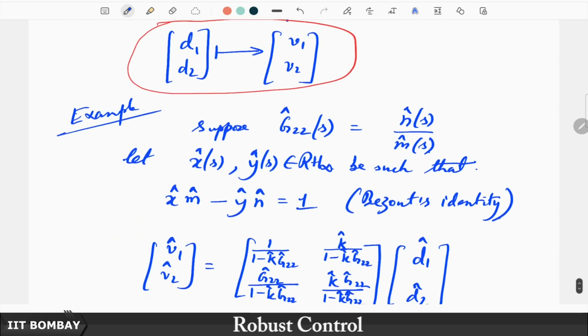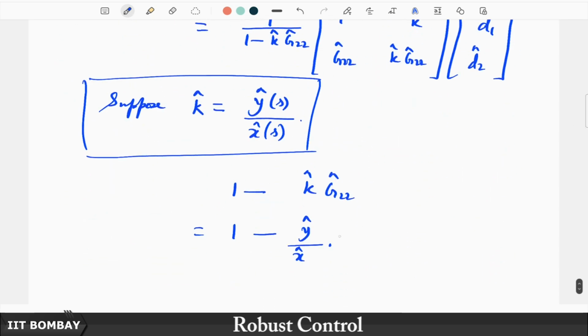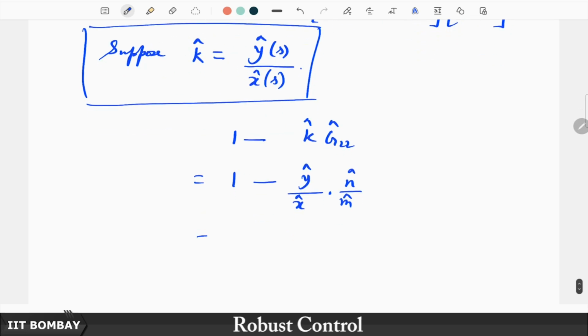Remember that g22 is n hat upon m hat. So, this is nothing but x hat m hat minus y hat n hat upon x hat m hat, right. But by the Bezout identity, this numerator devolves to just unity. So, this is 1 over x hat m hat, and we are done.